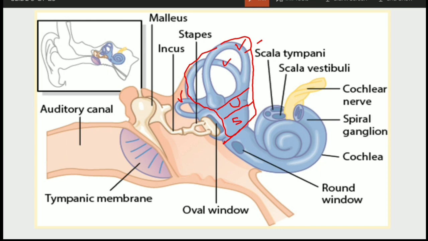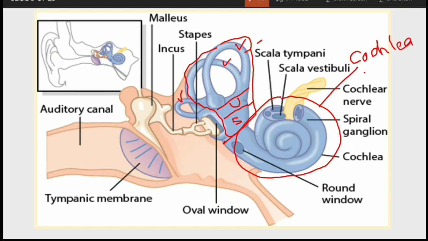This organ responsible for balancing is called the vestibular system, and the remaining part which appears like a snail is the cochlea. This cochlea is responsible for hearing. The cochlea is coiled like a snail, with approximately 2.5 to 2.75 turns.